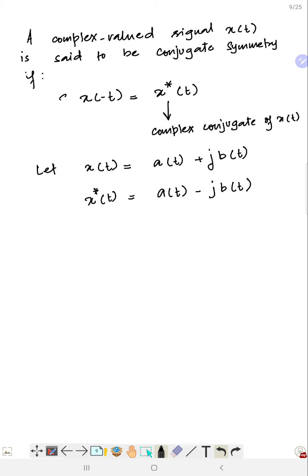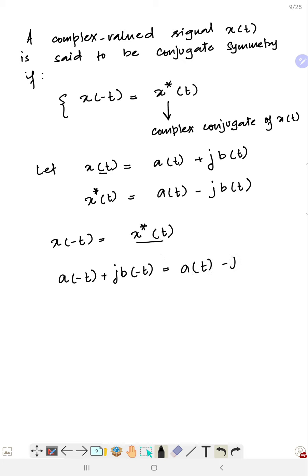Now from the condition that if a complex valued signal has conjugate symmetry, then by that logic x of minus t is equivalent to x conjugate of t. Which means for x of t, just put minus t here, it will be a of minus t plus j b of minus t, which will be equivalent to a of t minus j b of t.